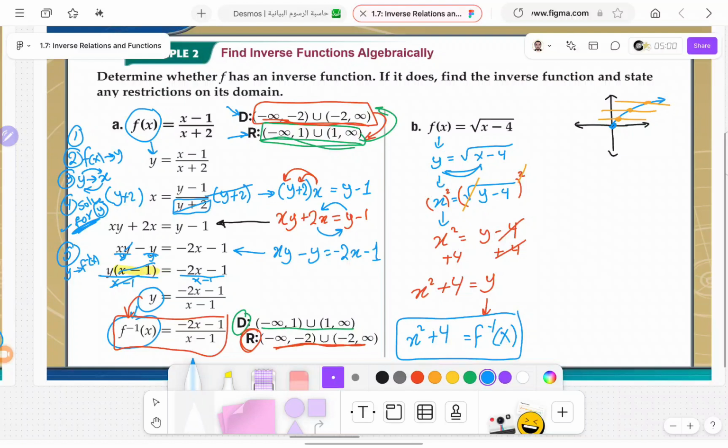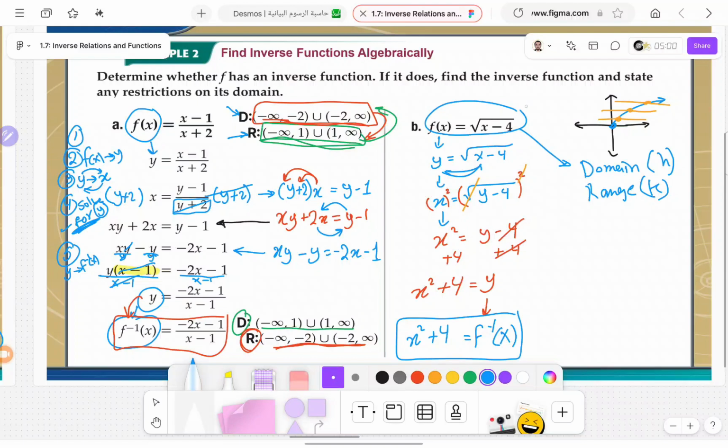Now if I ask you what's the domain and the range for this function, let's find the domain and the range for the original one first. You know that domain is always related to h, and range is related to what? To k.